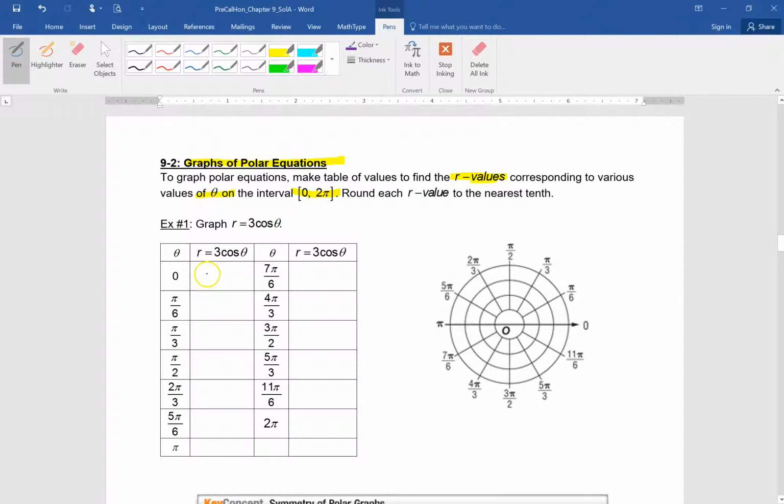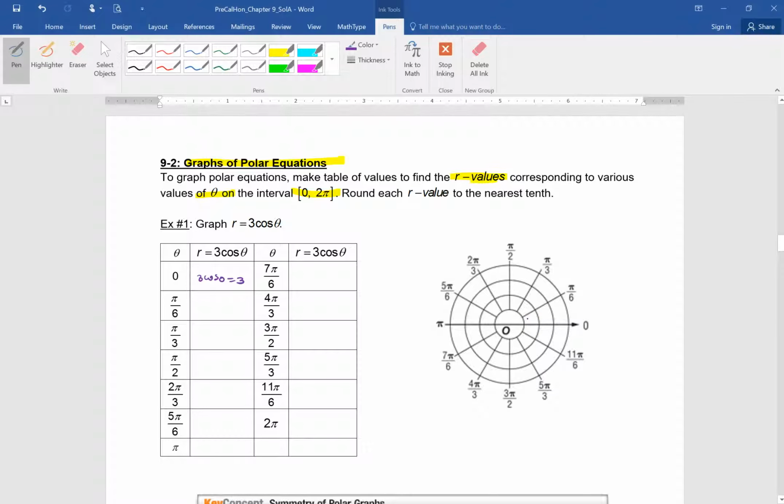So what we're doing is plugging in pi over 6. It'll be 3 cosine of pi over 6. Cosine of pi over 6 is root 3 over 2, times 3. But I want to convert to a decimal because that's going to help me graph.